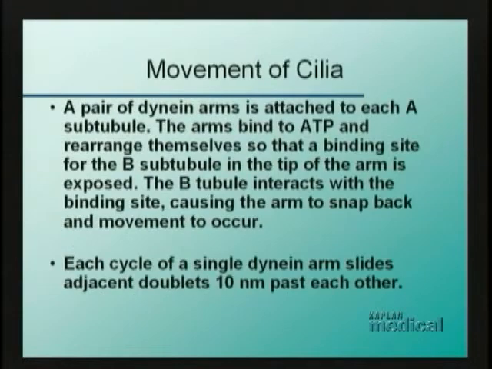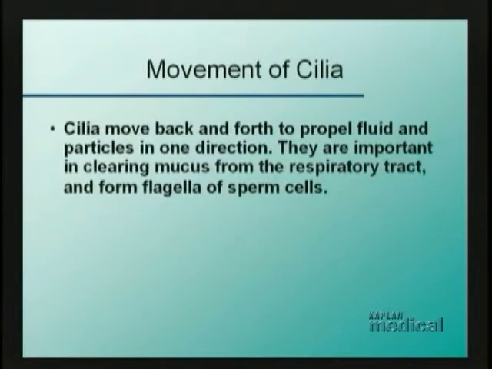And more importantly, these are motile pairs of microtubules because associated with each pair is a pair of what we call dynein sidearms, dynein being the ATPase motor molecule that conveys motility to that true cilium or to the flagellum of a sperm cell.